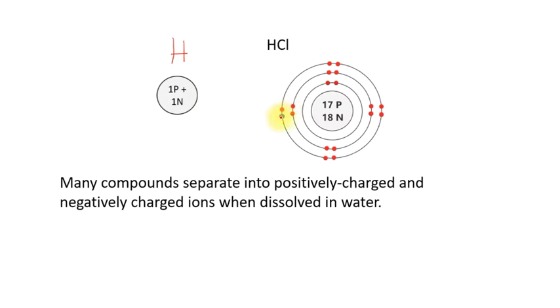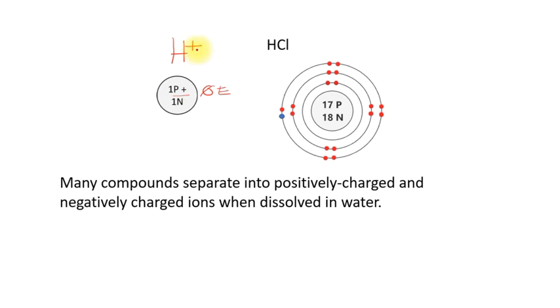It left its electron over here with chlorine. So, if you remember, protons are positively charged and electrons are negatively charged. But if I don't have a negative electron here, so I have 0 electrons, then that leaves me with a positive charge.